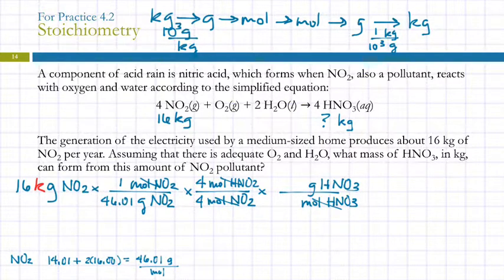Okay? Then I have to calculate the molar mass for nitric acid, so the HNO3. So that's going to be 1.008 plus 14.01, and 3 times oxygen. 63.018.